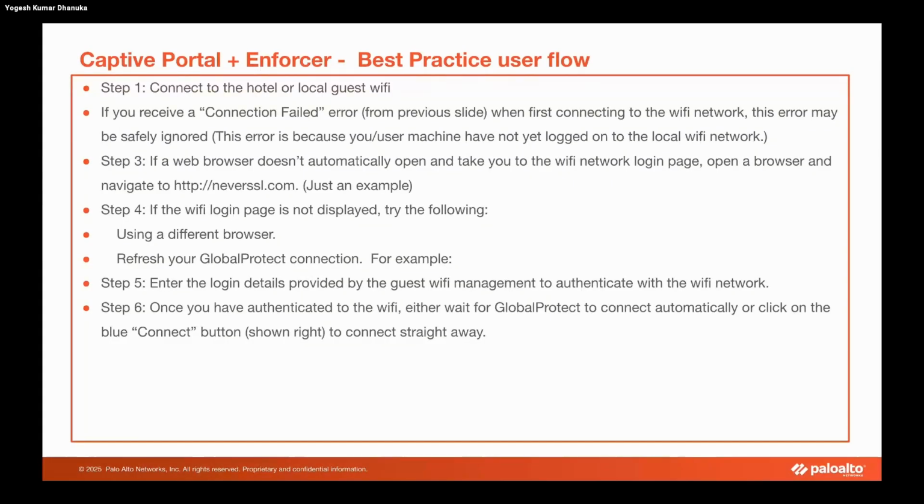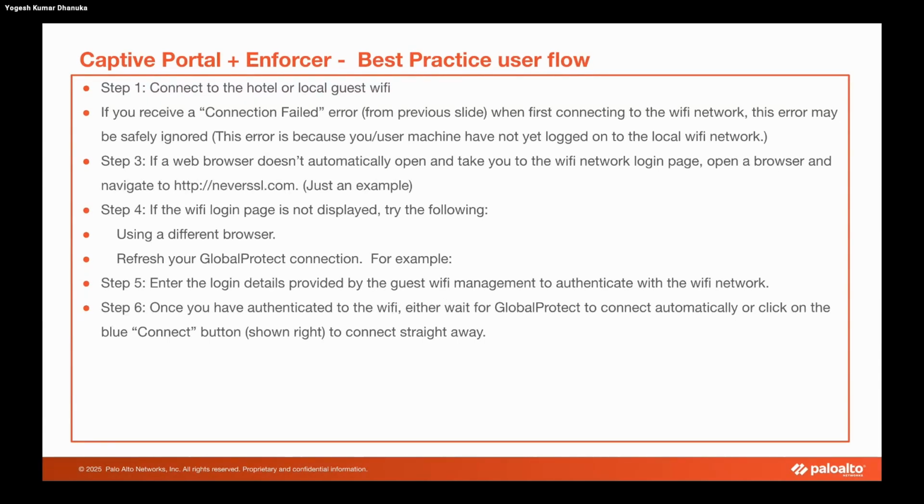The GP again tries to connect. It detects that there is a captive portal, and then again the captive portal timer for enforcer restarts. So the 10-minute clock starts all over again. Then the user can follow the same process, go to a browser, try to authenticate themselves, enter your details or whatever is needed for the internet access.